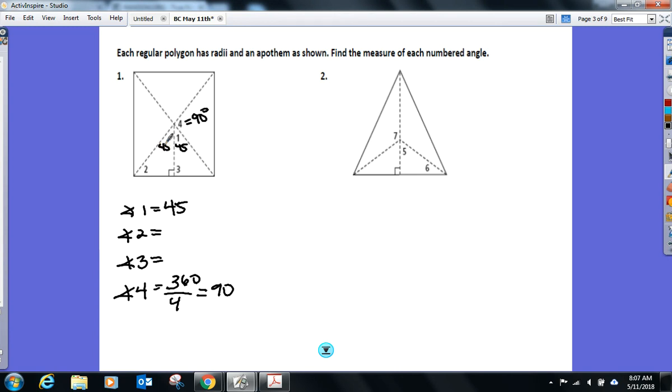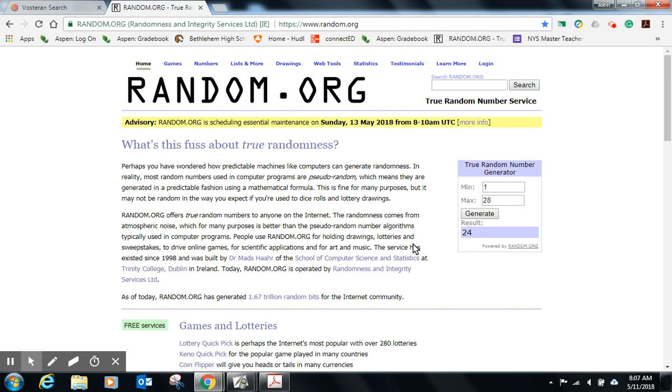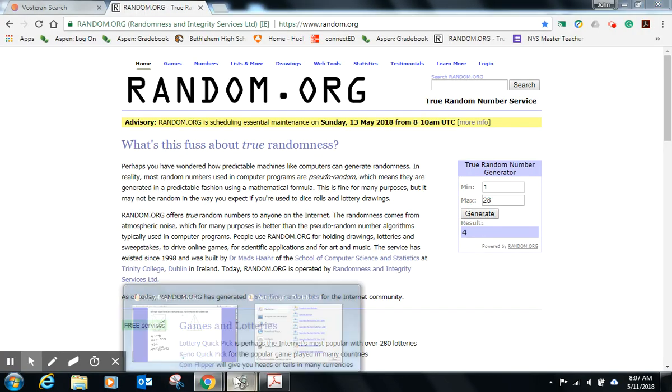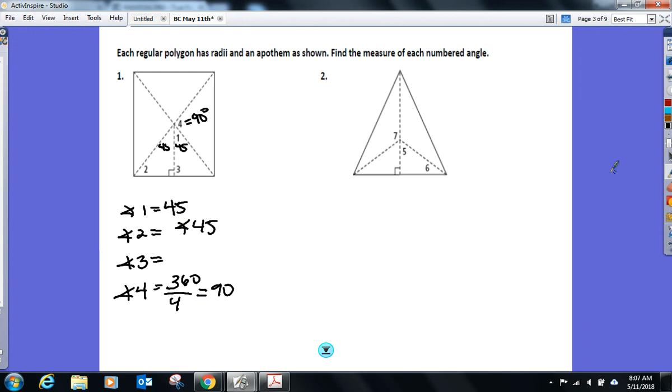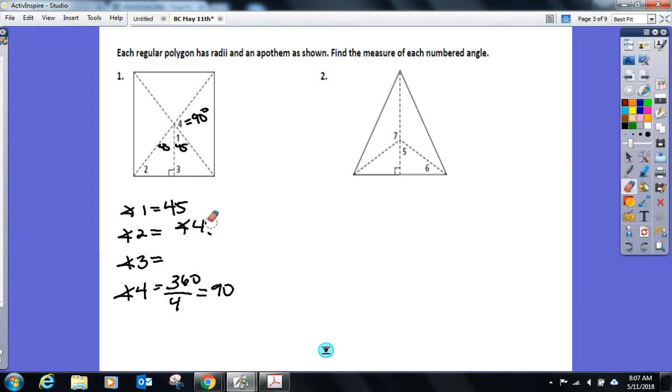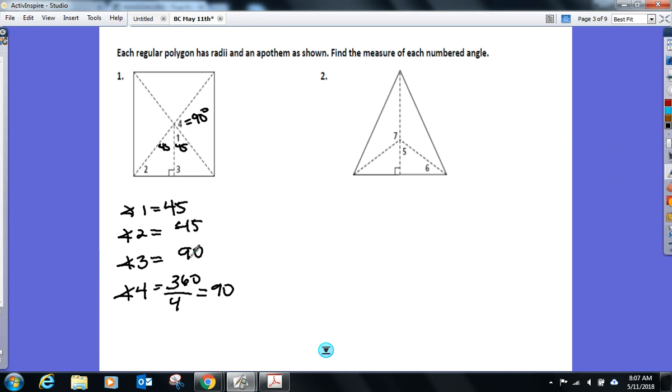So the one next to it's 45. That's already 90. So angle 2's got to be 45. And then how about angle 3? 90. It's right. Supplementary to the 90 I already gave you. Yep. Okay. Any issue on that regular polygon?